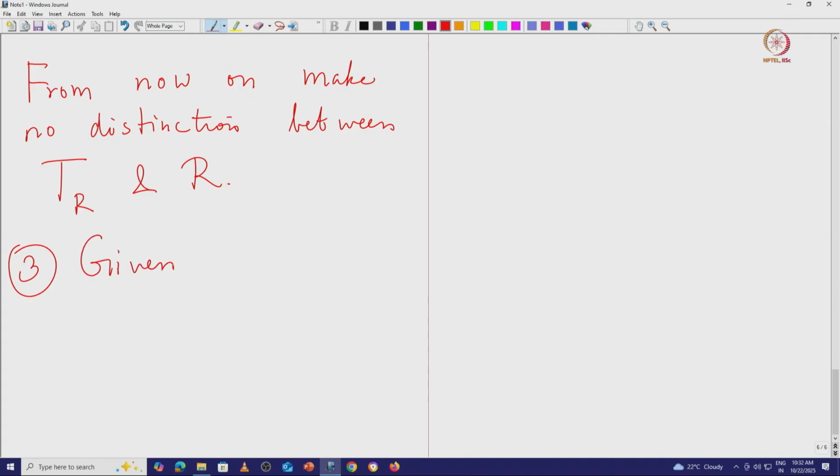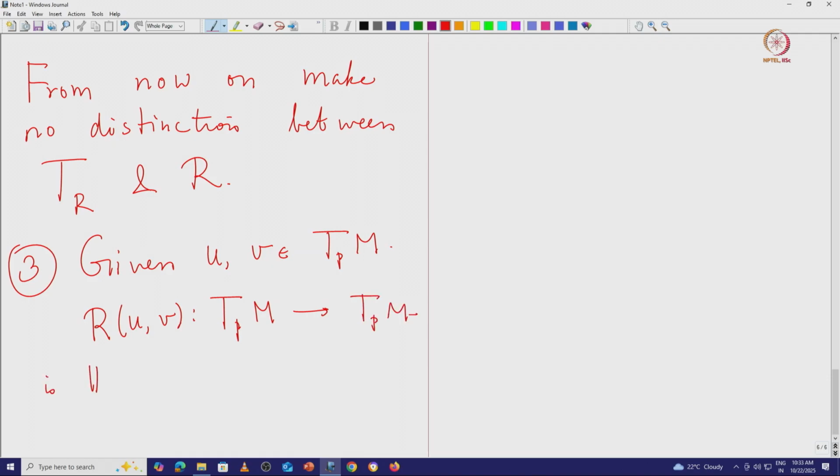Given vectors, let's say u, v in the tangent space to M at P, I can think of R(u,v) as a map from TpM to TpM, which is R linear, right?